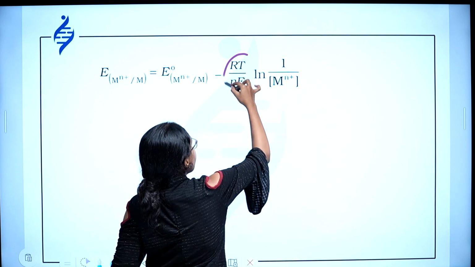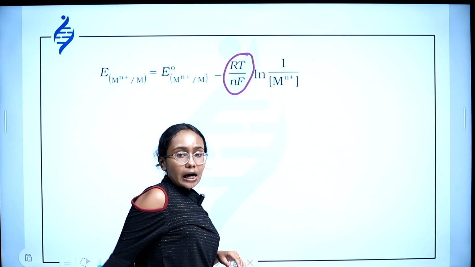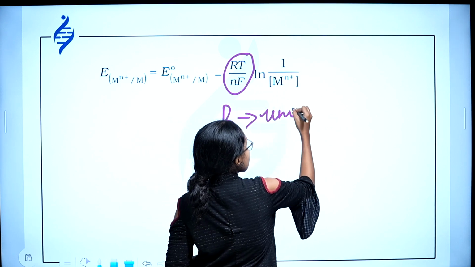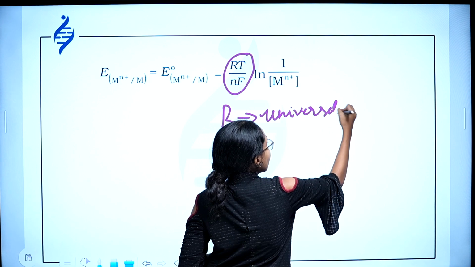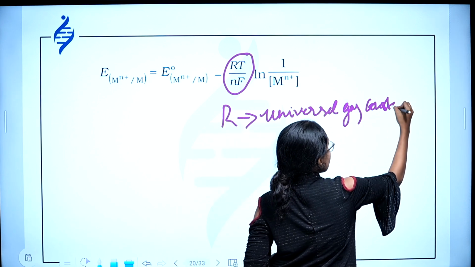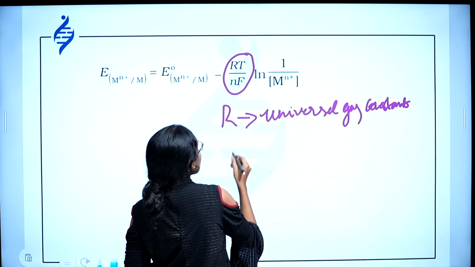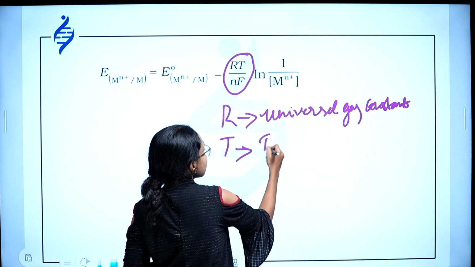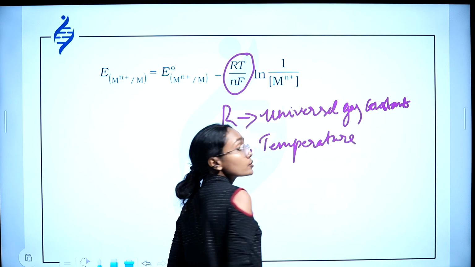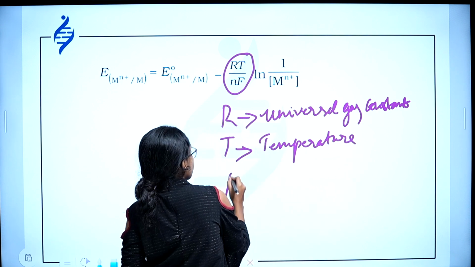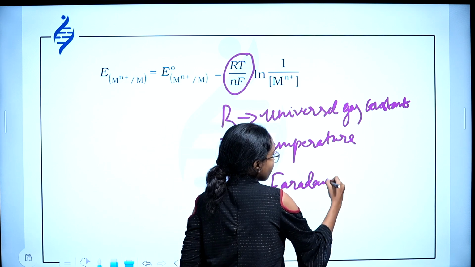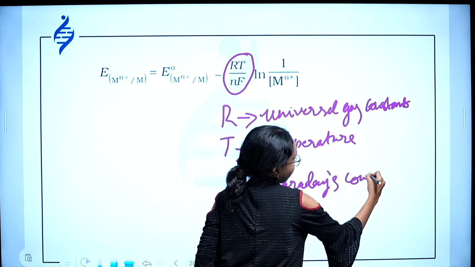Now, tell me what is RT by nF? R is the universal gas constant. T is the temperature. F is Faraday's constant.